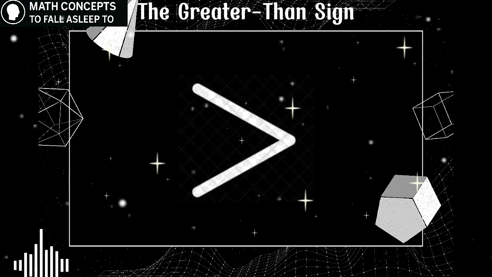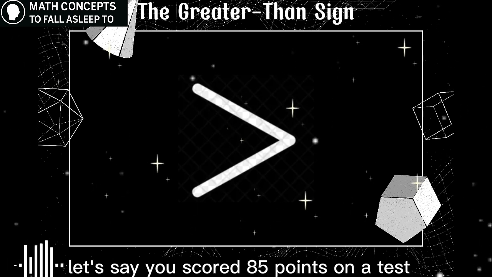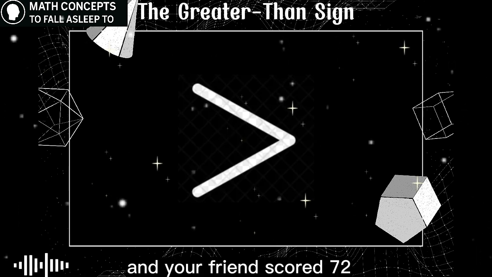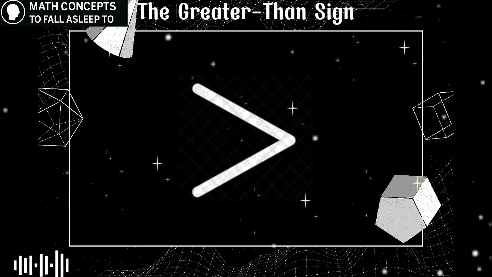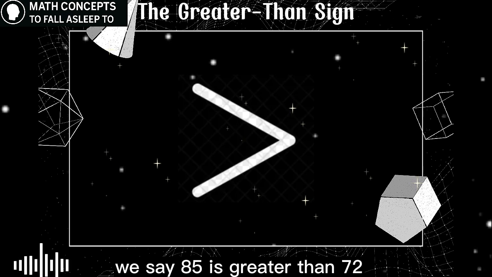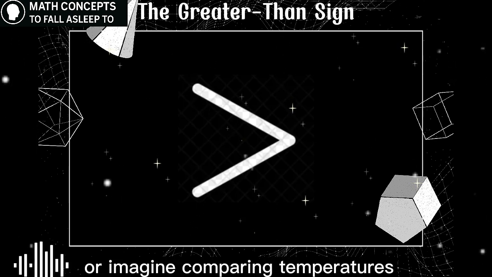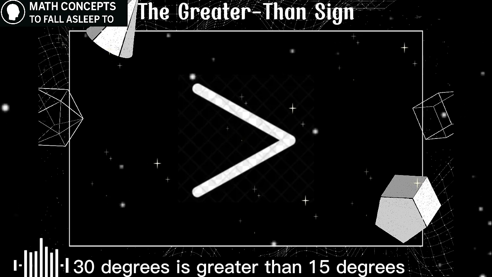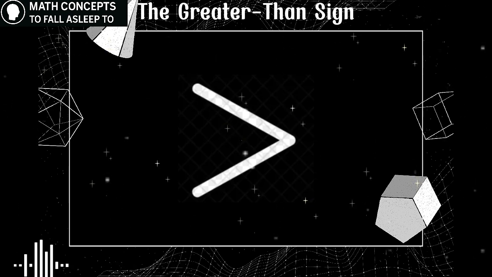Practical example. Let's say you scored 85 points on a test, and your friend scored 72. Since your score is higher, we say 85 is greater than 72. Or imagine comparing temperatures. 30 degrees is greater than 15 degrees, which means it's warmer.